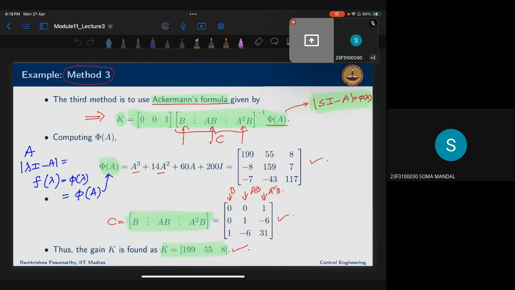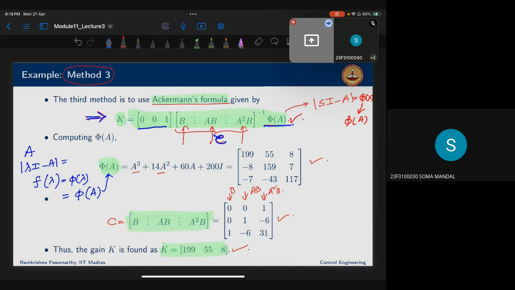In method 3, the Ackermann formula, this equation we know already: 0, 0, 1, C matrix inverse, then the characteristic polynomial of A according to the Cayley-Hamilton theorem. So this you will get as pi of lambda. In this, replace lambda with the A matrix.